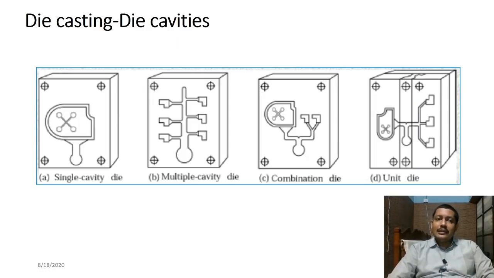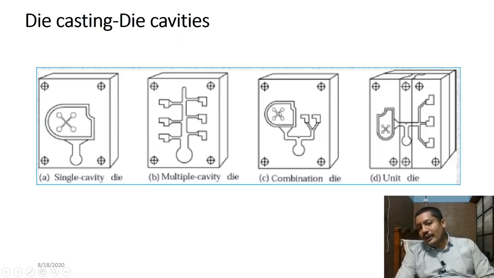You can see these are the types of die cavities available. You can see a single die where only one product is imprinted on a die, that is called single cavity. A die where the same component appears multiple times attached to a common system is shown over here. This is called a multiple cavity die.